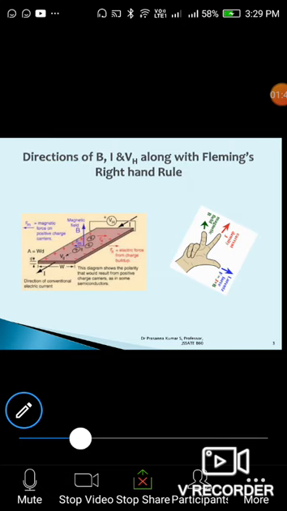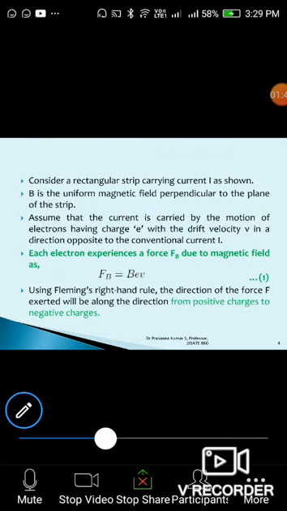Now we have seen that it's a rectangular strip, current I, B is the magnetic field, and we assume the electron's charge is e. Under the magnetic field B, the moving electrons will undergo a deflection. They feel a force FB that is equal to B e v.